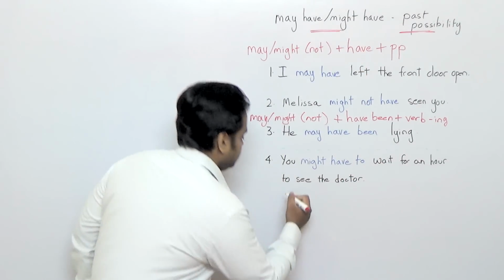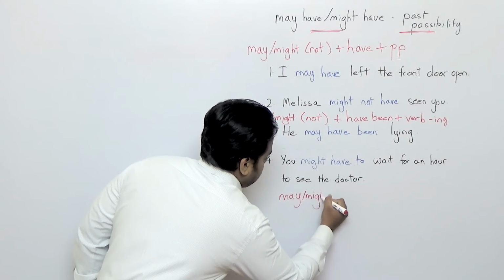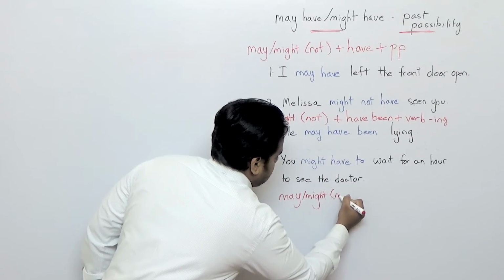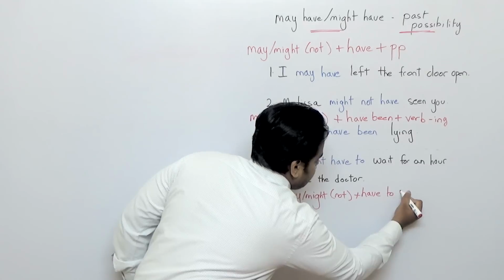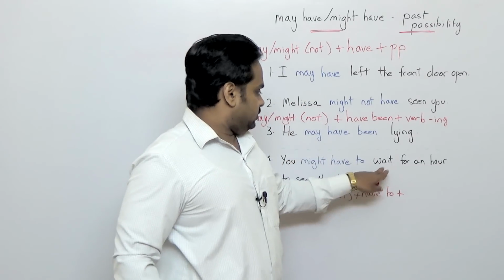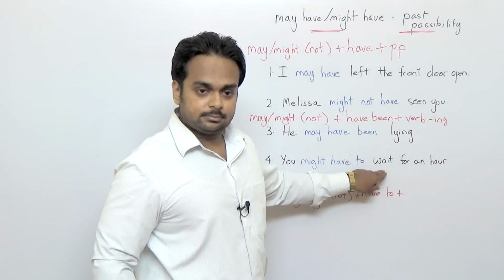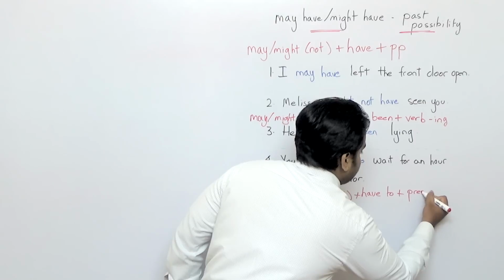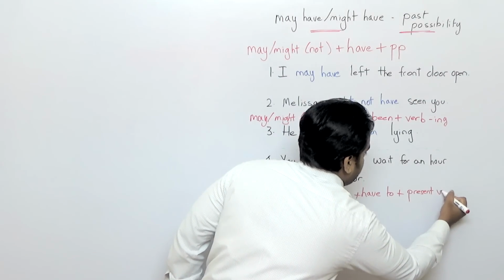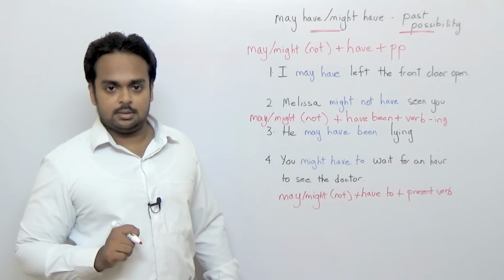So in this form, it's may or might, not, plus have to. And then, what form is this verb over here? Well, it's actually in its base form or in its present form. Okay, a verb in the present. That's important to remember.